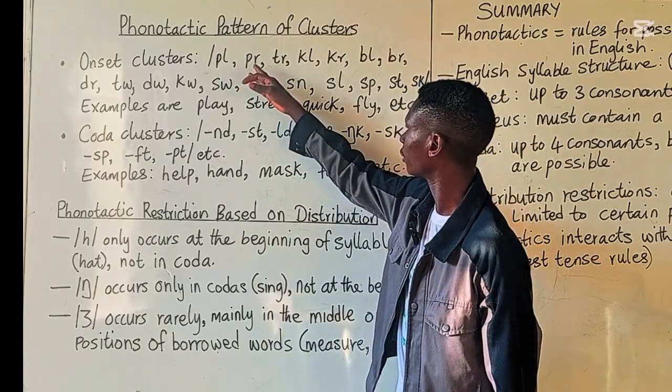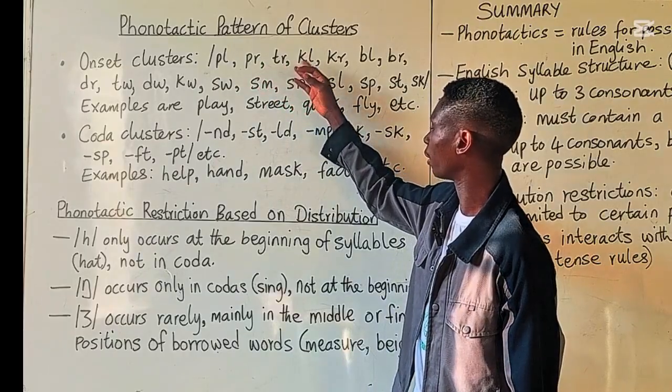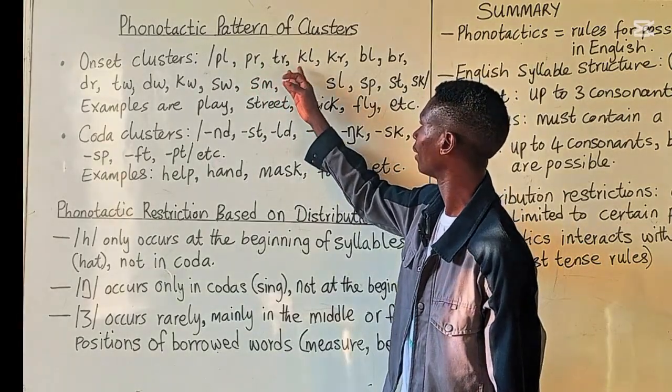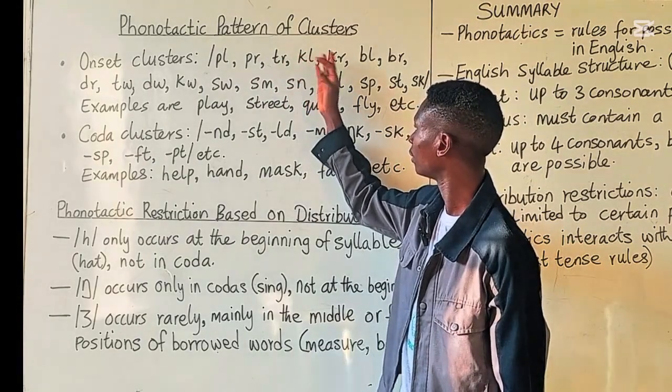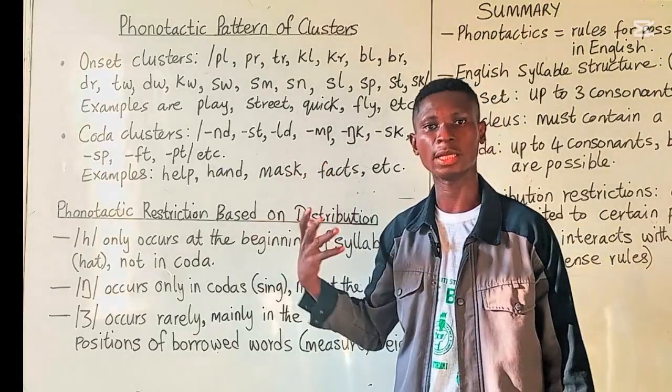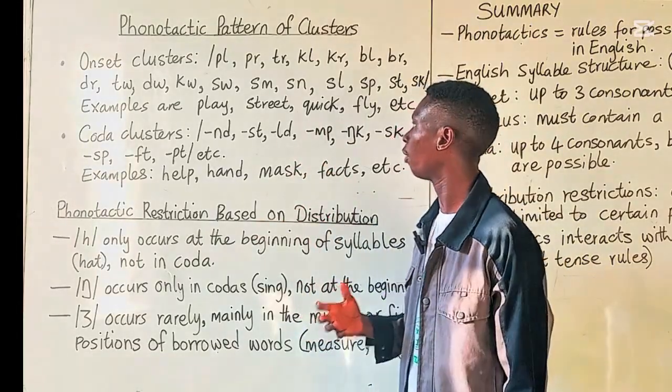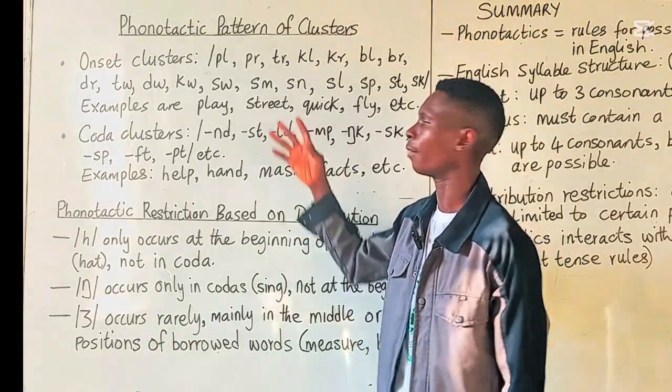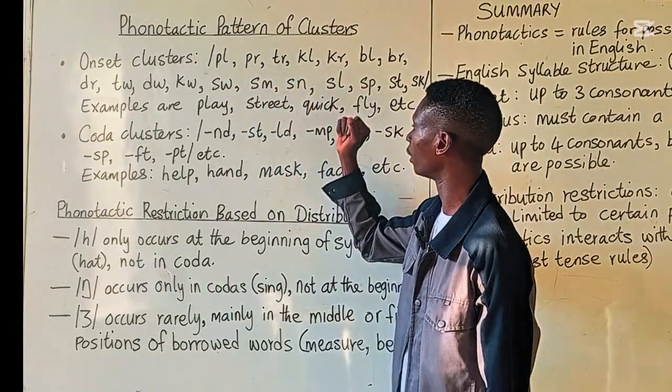Look at the combination of each of them, how they go in pairs, and try to combine the sounds we have here differently and see what you're going to get if they are possible in words. So we don't have other possible combinations apart from this combination.